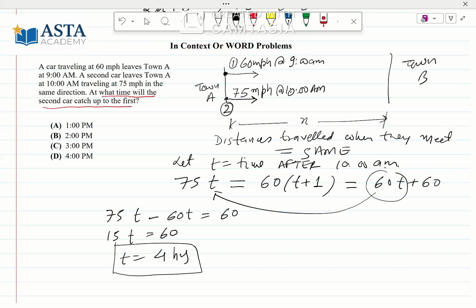So 4 hours after 10 a.m., since my t is starting at 10 a.m., they will meet at the same point somewhere in town B.